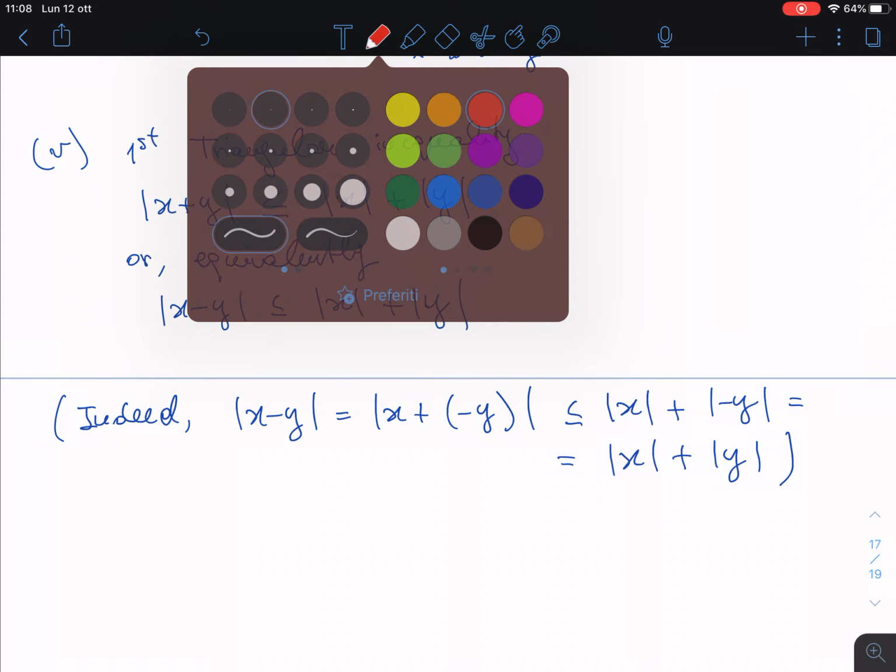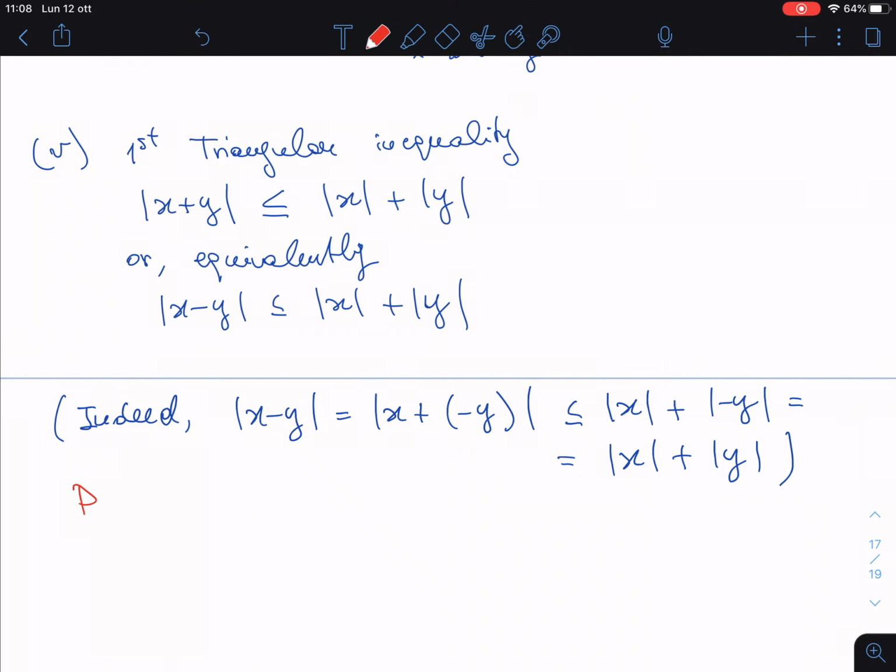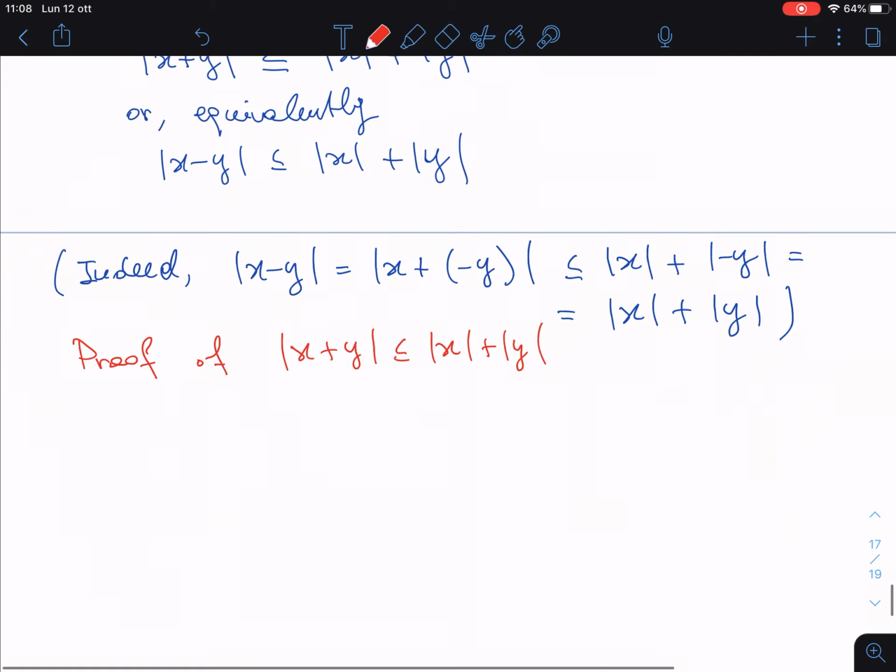Let me just give you a hint. Proof of the first triangular inequality can be made by distinguishing various cases.